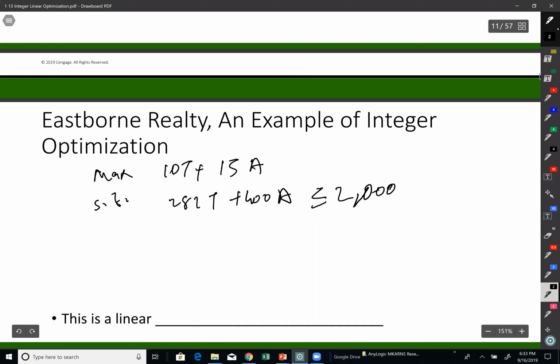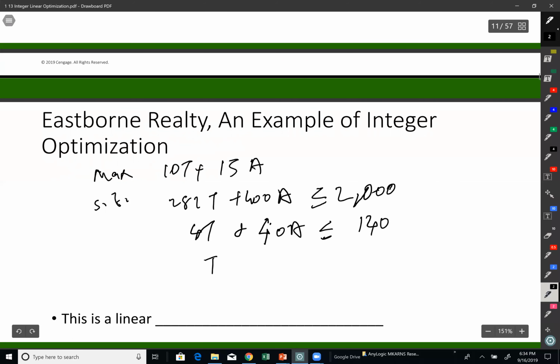All numbers are in thousands in this constraint. And also 4T plus 40A should be less than or equal to 140 hours.